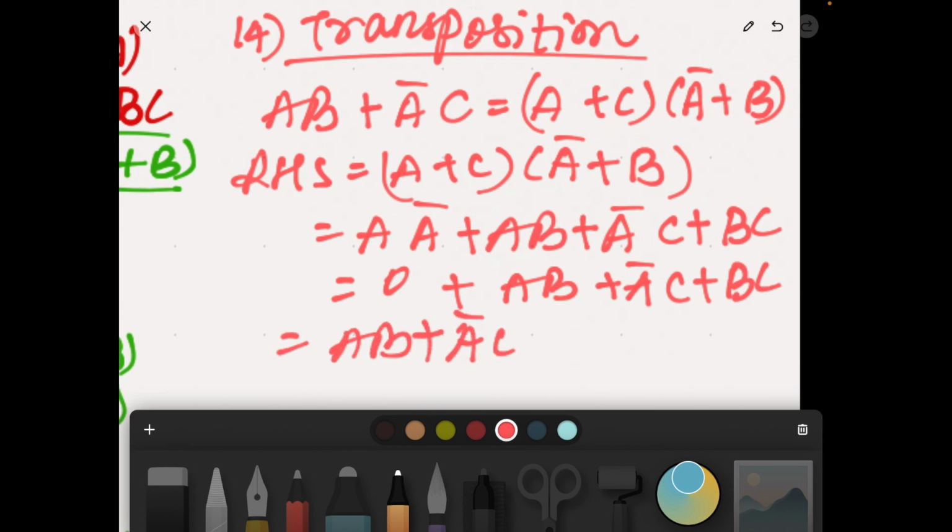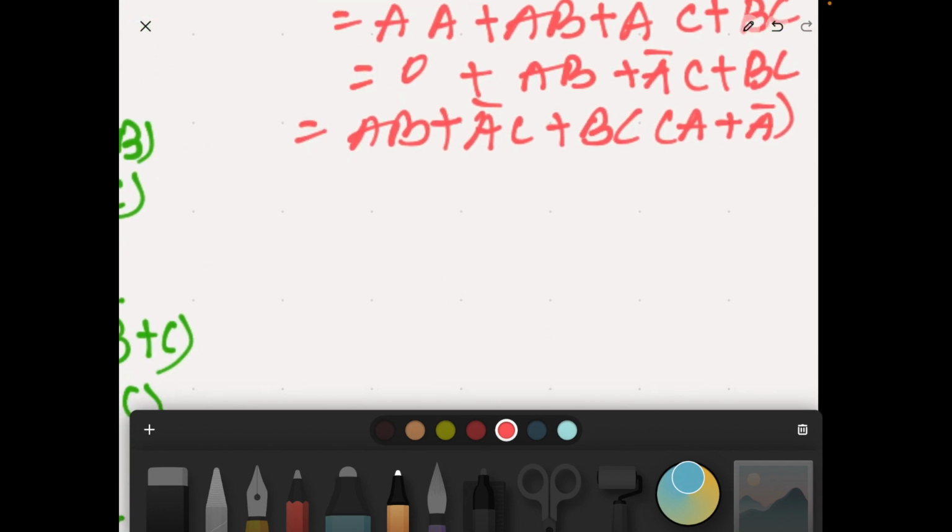What does 1 mean? 1 means A plus A bar, and most of the times we would be substituting A plus A bar for it. Okay, so now that we have that here, we can go ahead and use the associative law here.